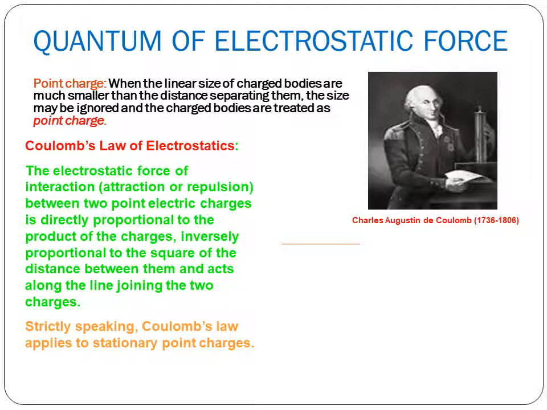Since force is a vector quantity, obviously it has a direction. In this class, we confine ourselves with its magnitude only. Remember, Coulomb's law applies to stationary point charge only.